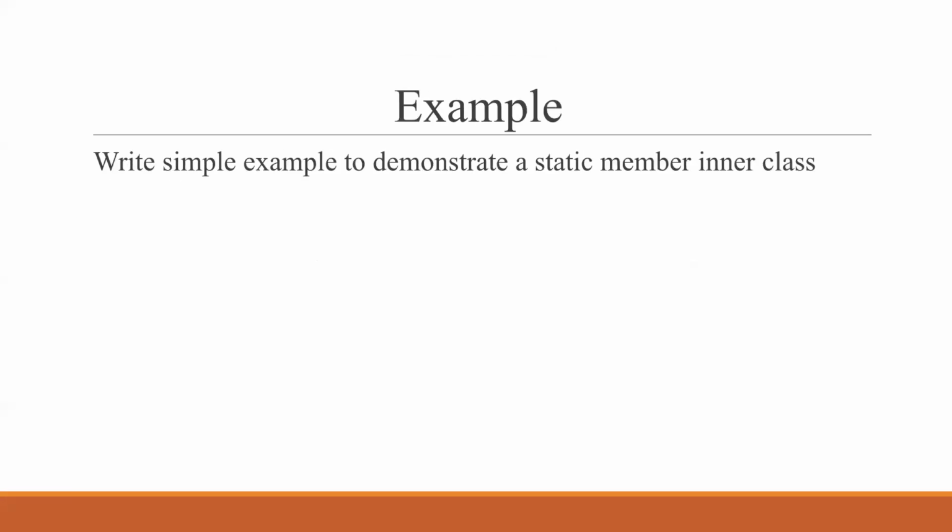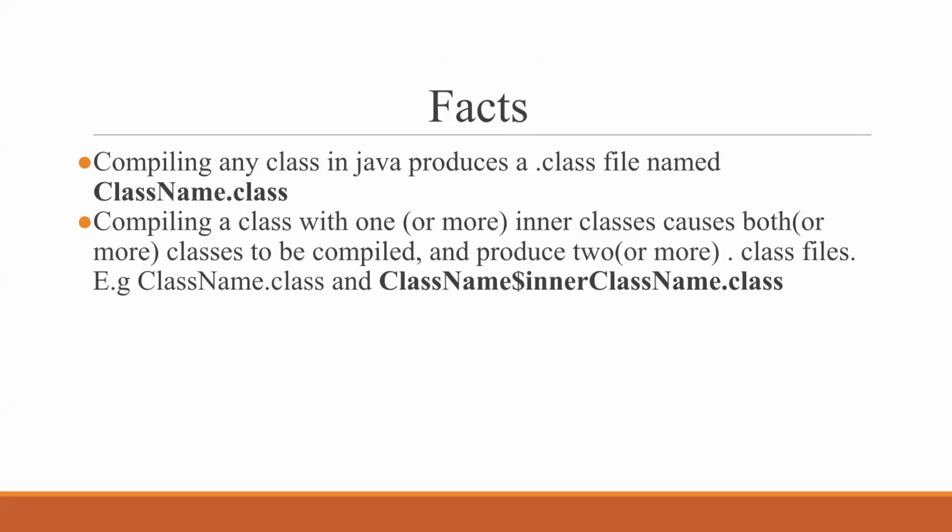Write a simple example to demonstrate a static member in a class. We've looked at that. Facts: compiling any class in Java produces a dot class file named after the class. I hope that's not the first time you're hearing that. But the new thing, which some of you might not know, is that compiling a class with one or more inner classes causes two or more class files to be produced.